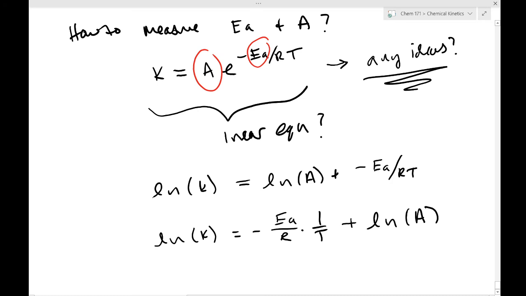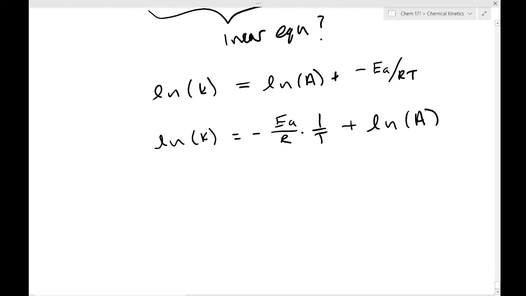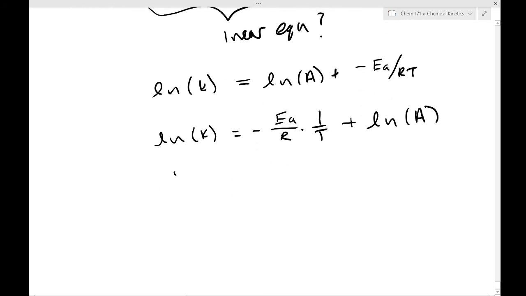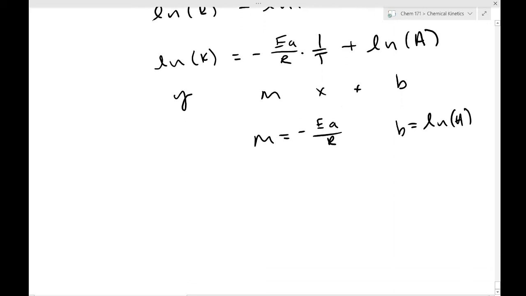Do you start to see where this is going? We just made this into a linear equation: y is equal to mx plus b. This is the equation for a straight line. m is the slope, given as negative EA over R, and b is given as the natural log of A. So this gives us ways to measure this.